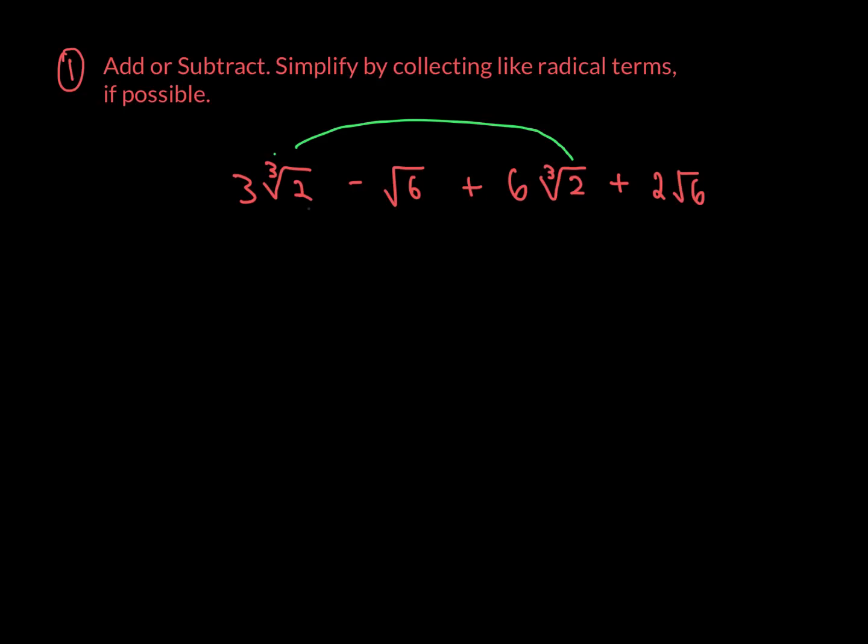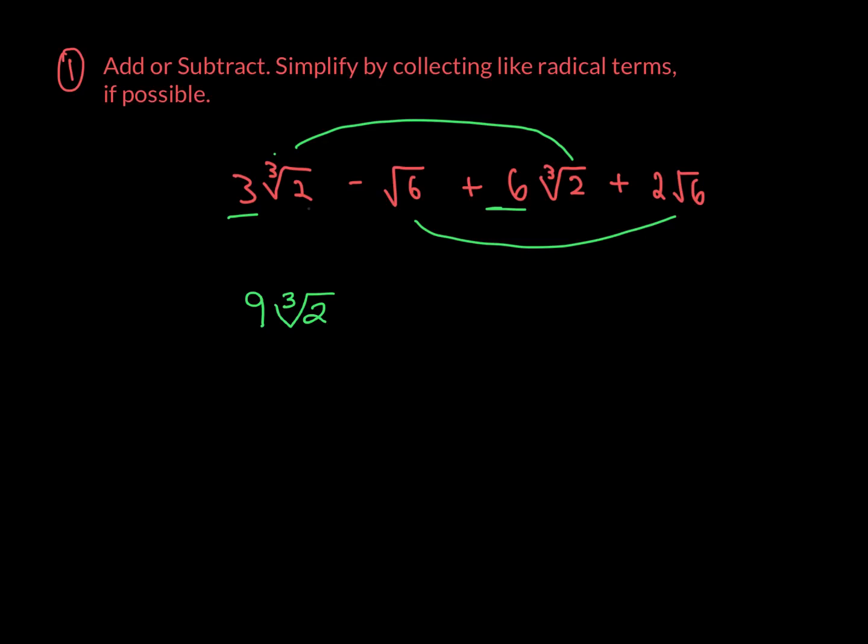So those are like terms. Also we've got square root of 6 and 2 square root of 6. Those are like terms. So just going to put the numbers in front together. We've got 3 and 6. That gives us 9 cube root of 2. And then also the negative square root of 6 and the positive 2 square root of 6.